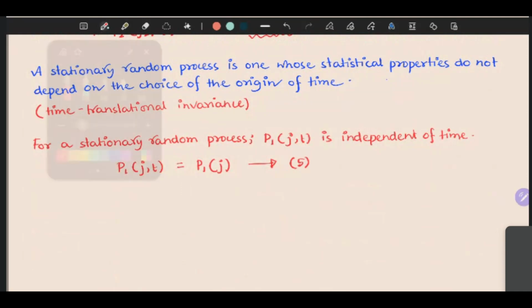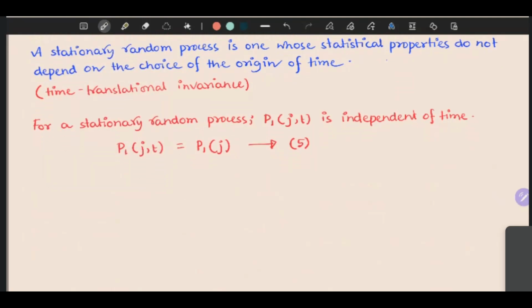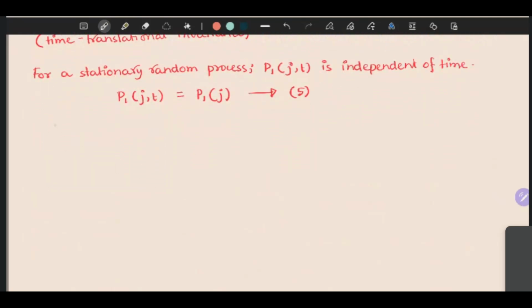And the two-time conditional probability P2(k,t|j,t') then becomes P2(k,t-t'|j,0). This is 6.